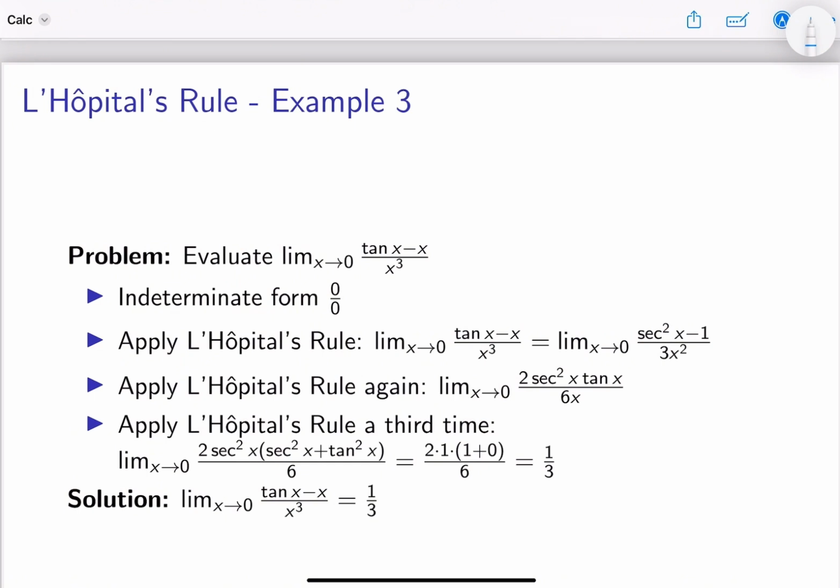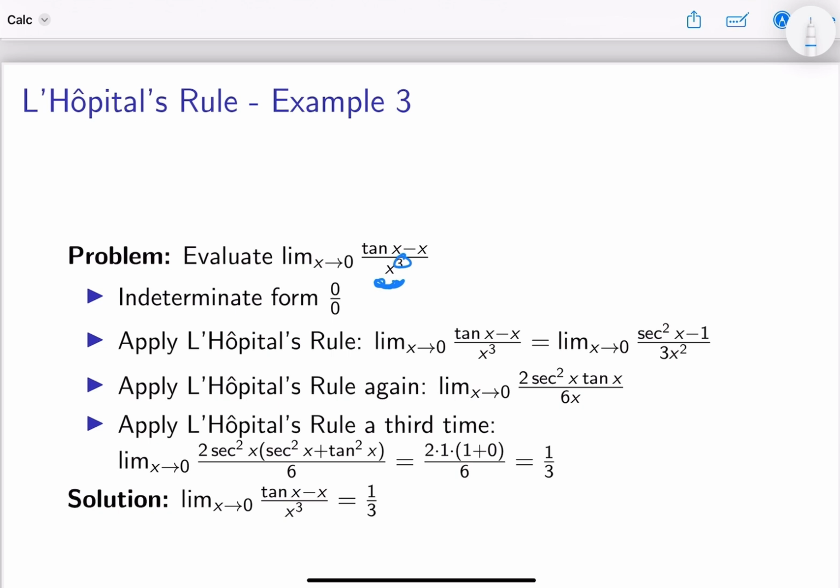There isn't much here, except that we'll be applying L'Hopital's rule 3 times. And why is that? Well, we have x cubed here, so we want to get rid of this x cubed, and the way to do that is we differentiate it its degree times. So the degree of this is 3, so we differentiate this thing 3 times to get what we want.